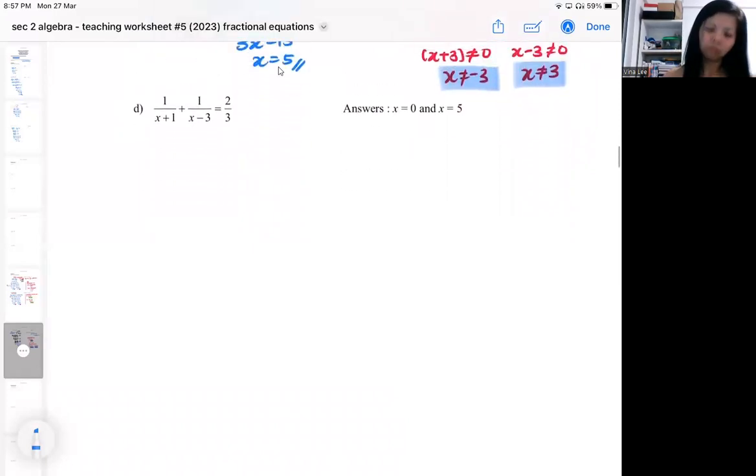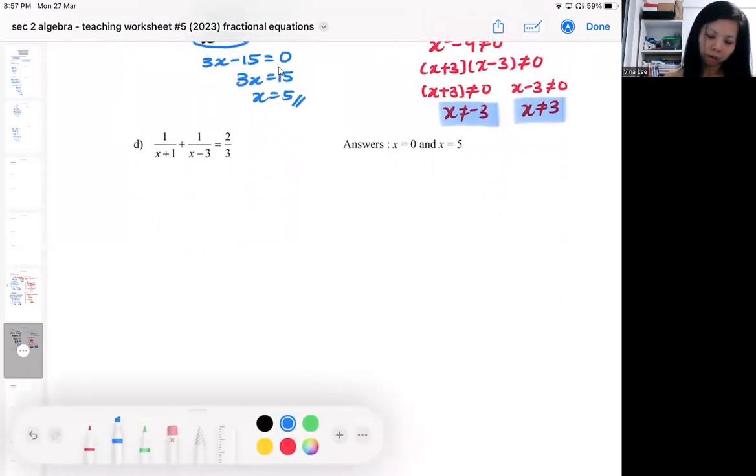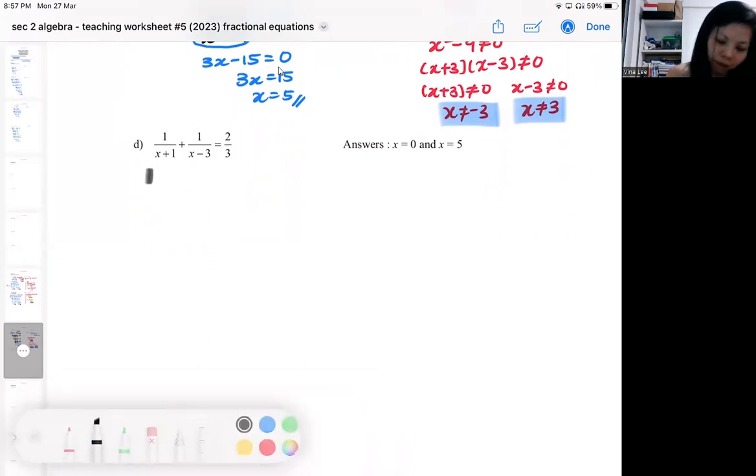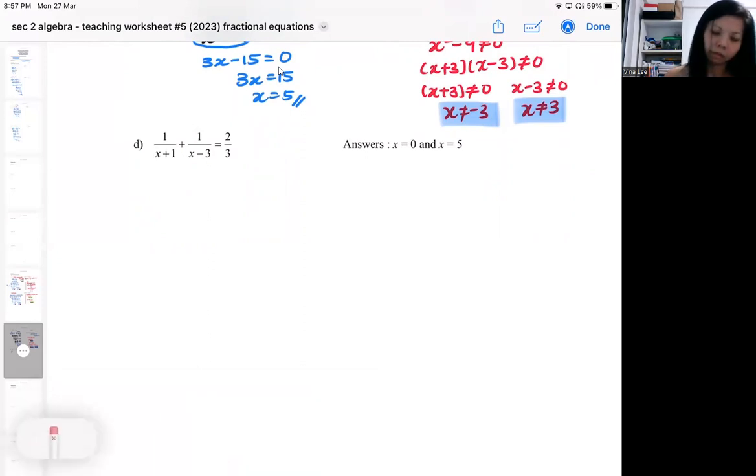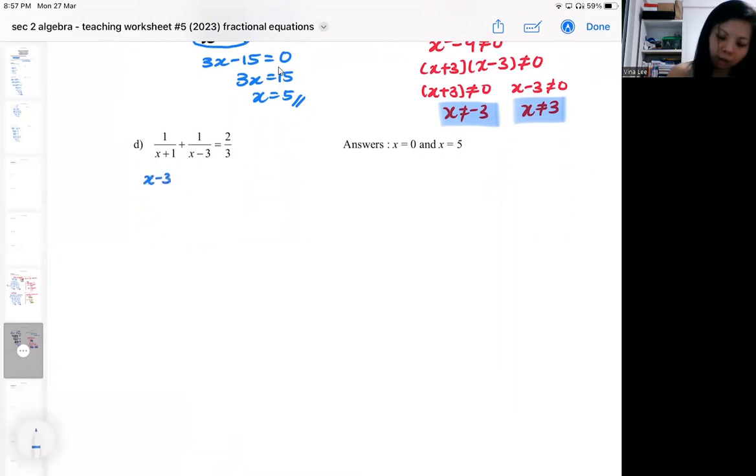For this one, a fraction plus a fraction equal to a fraction. Same thing, try to make the same denominator, because you're going to multiply the missing bracket.